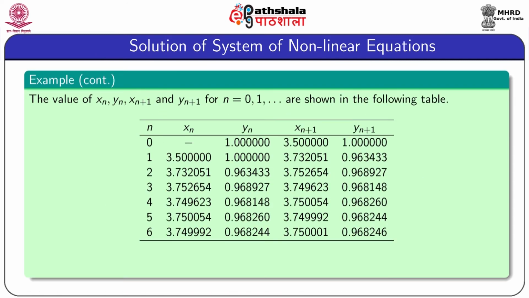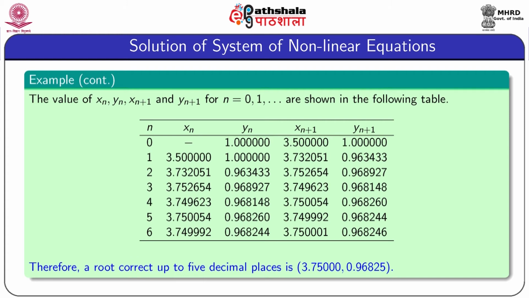The values of x_n, y_n, x_{n+1} and y_{n+1} for different values of n are shown in the following table. The first column represents the iteration number, the second column represents the value of x_n, and the next columns are the values of y_n, x_{n+1} and y_{n+1}.